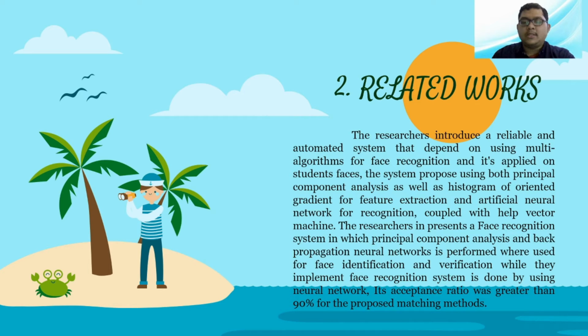The system proposed using both principal component analysis and histogram of oriented gradients for feature extraction, and an artificial neural network for recognition, coupled with a support vector machine. Other researchers present a face recognition system in which principal component analysis and backpropagation neural networks were used for face identification and verification, while the implemented face recognition system is done using a neural network.